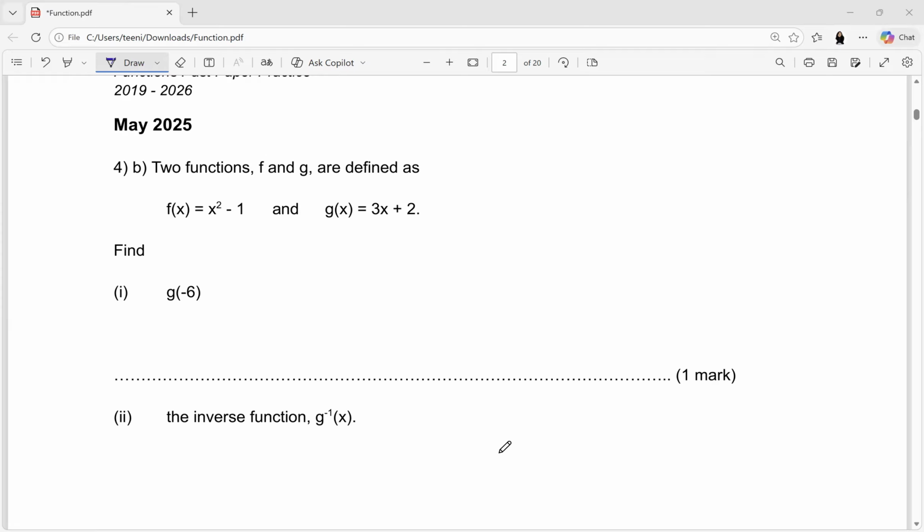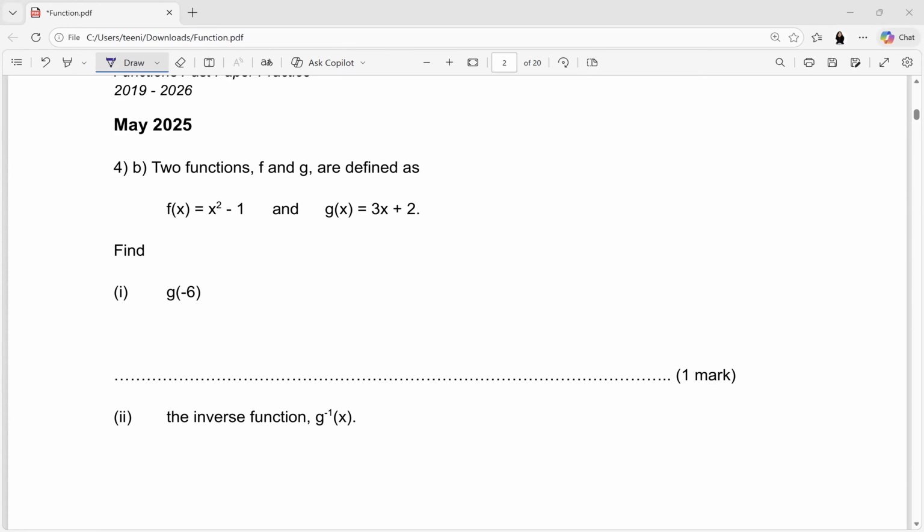Where's Shaniqua? Shaniqua, are you there? Right, Eliana. Eliana, yes, miss. Can you try this one with me? G of -6.